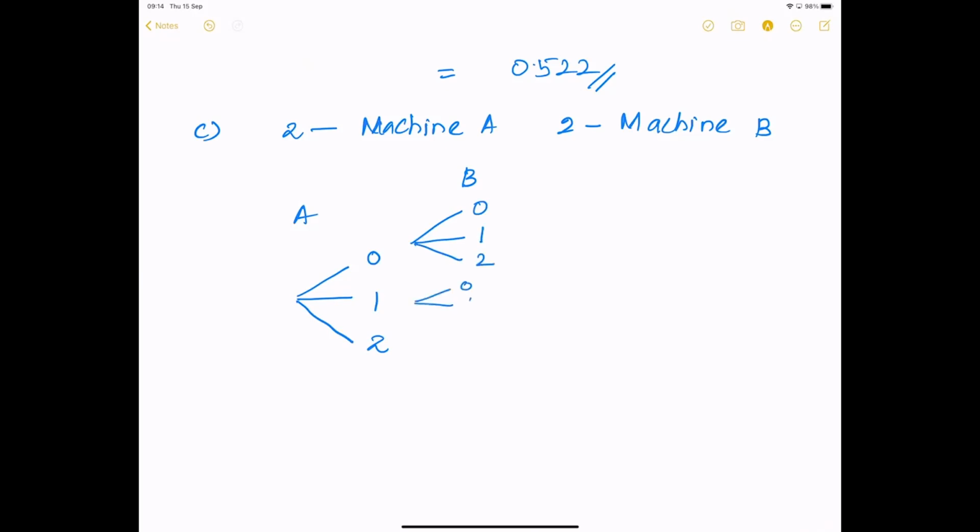Here they have asked to find exactly two of these nuts being defective. Therefore, these are the probabilities we want to find.